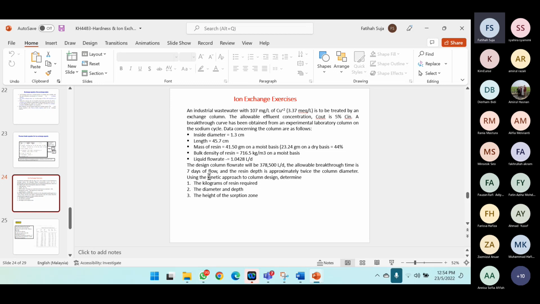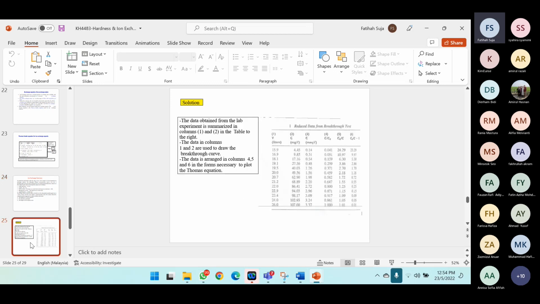The allowable breakthrough time is 7 days of flow, and the resin depth is approximately twice the column diameter. Using the kinetic approach to column design, you need to determine the kilogram of resin required, the diameter and depth, and the height of the sorption zone. So this is the solution.